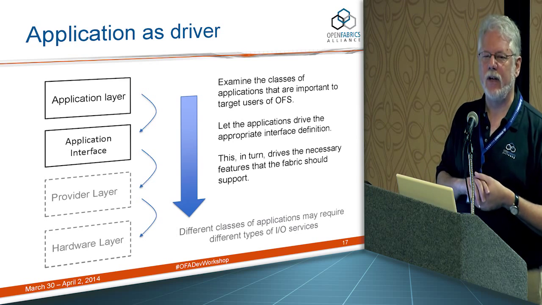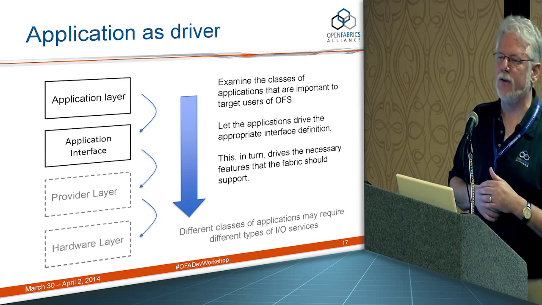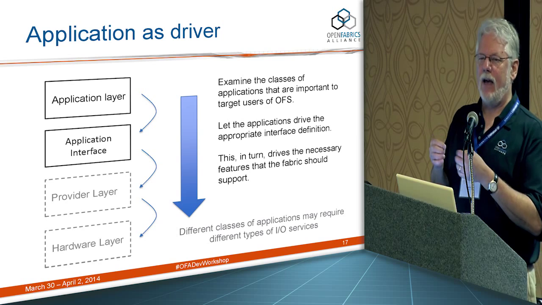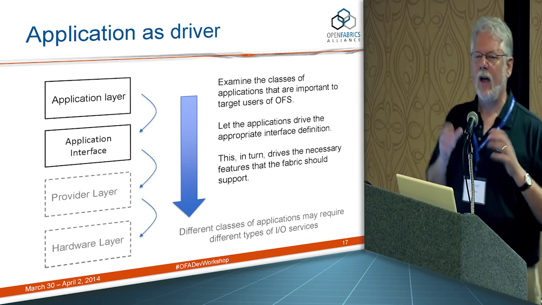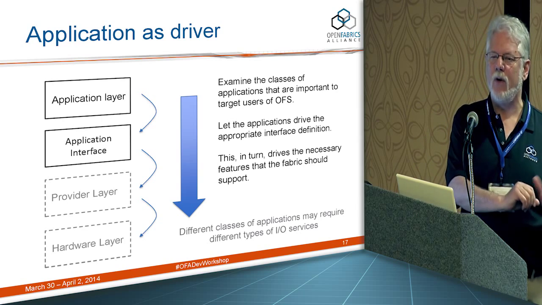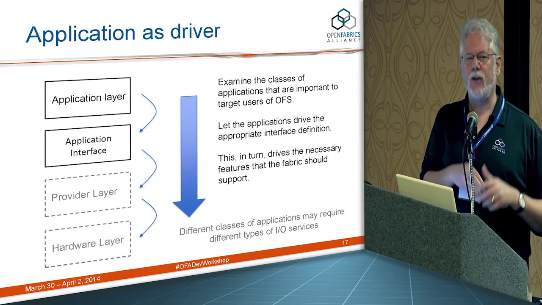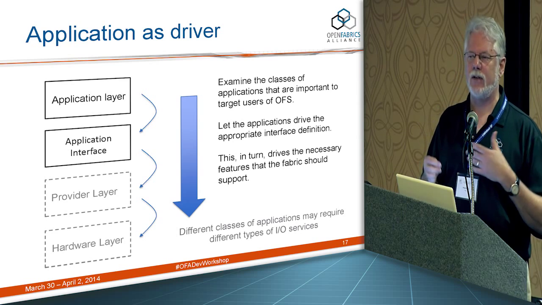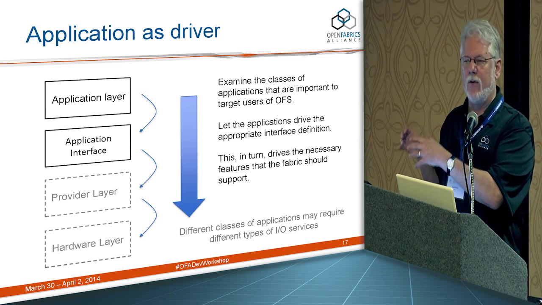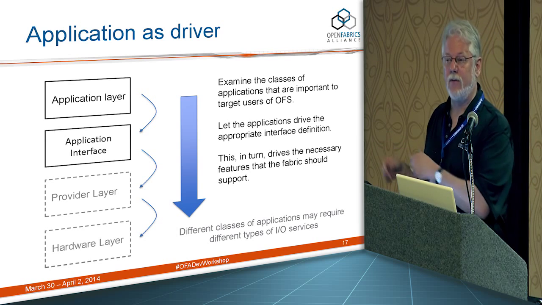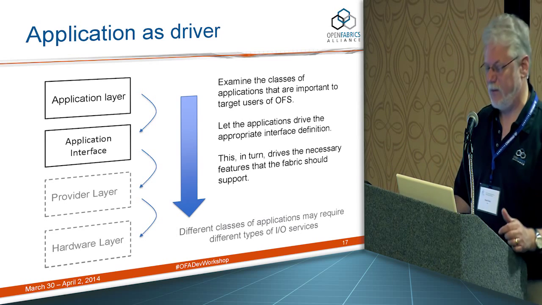So I could imagine the InfiniBand Trade Association, for example, looking at the APIs that we come up with, looking at the definition of the I/O service provider and saying, we could make that better if we change the wire protocol to support that. So if we're lucky here, we may start to see some change that the standards bodies and therefore the underlying hardware may begin to follow us. That would be good if it happened.